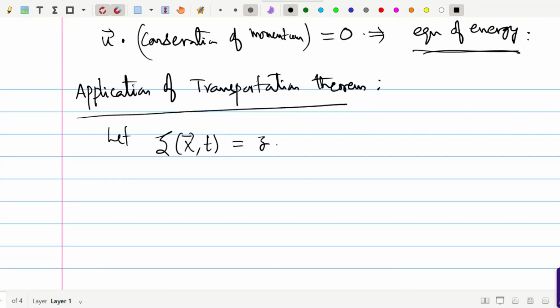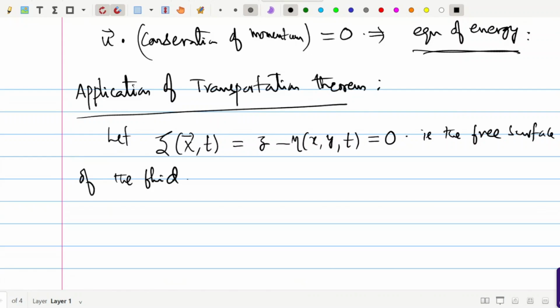So z minus eta, the surface elevation of x, y, t, which also varies with time t, equal to 0. So this is the free surface of the fluid.